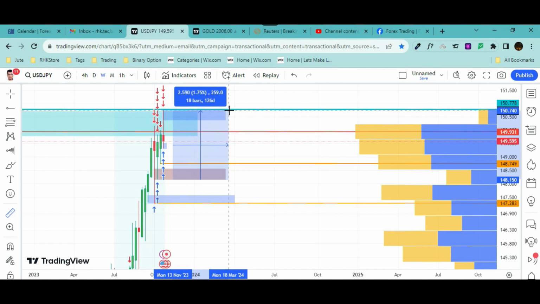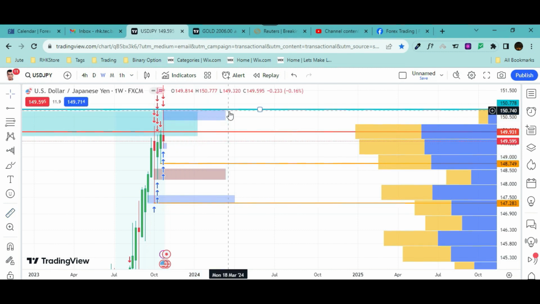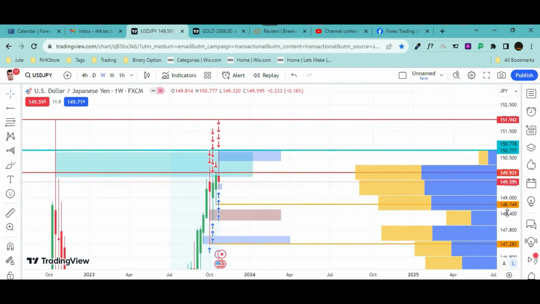So of course there will be consequences for the interest rate declared by the Bank of Japan. There will be consequences of the interest rate declared by the US Fed, FOMC, Jerome Powell. But at the same time, the strength has been exhausted here, because can you see this big wick, big shadow here?